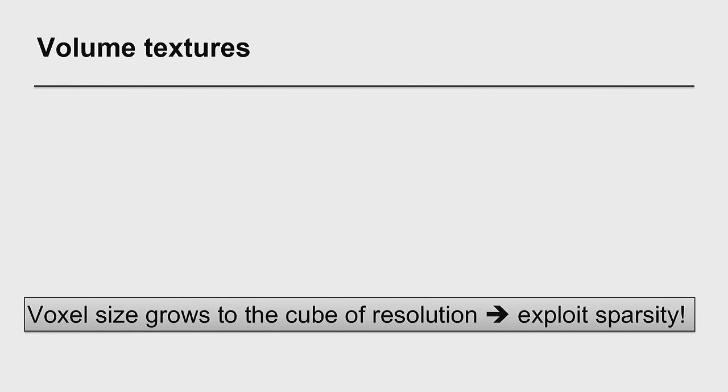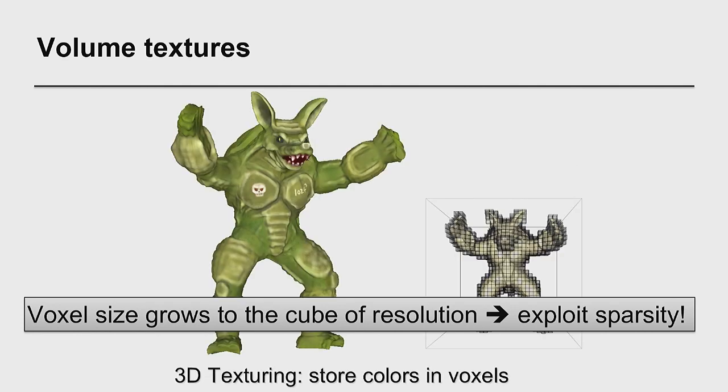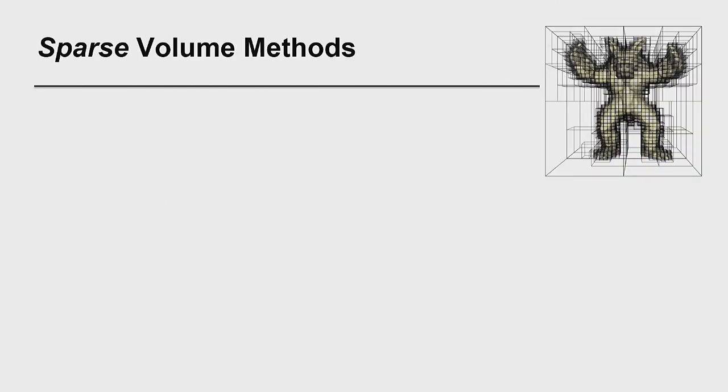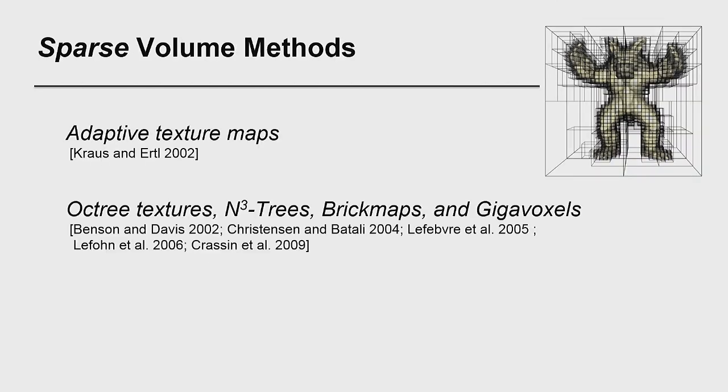If I'm going to have a volumetric representation of my texture data, then as my resolution increases, the storage will increase with the cube of that resolution, right, which is really bad. But I don't really need to store all the colors in the volume. I just need to store the colors in the volume that would correspond to the surface that I'm trying to paint, right? So we can make use of that sparsity.